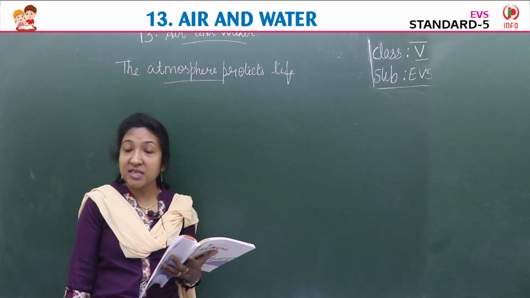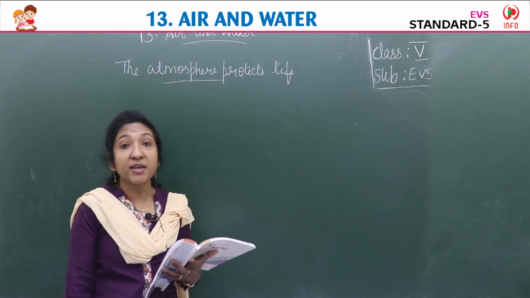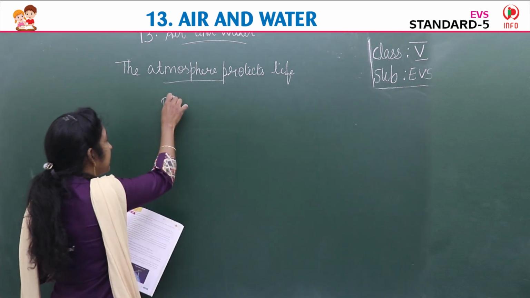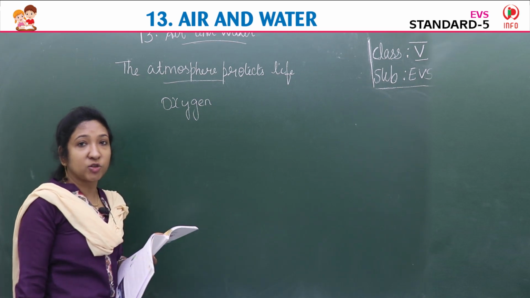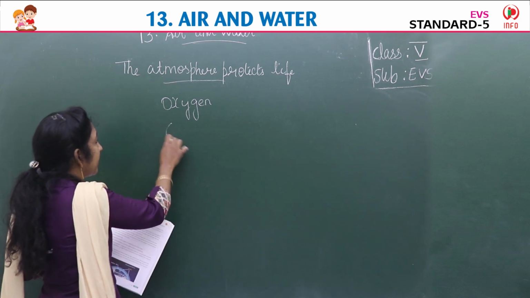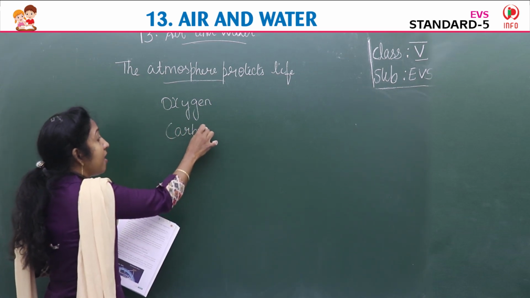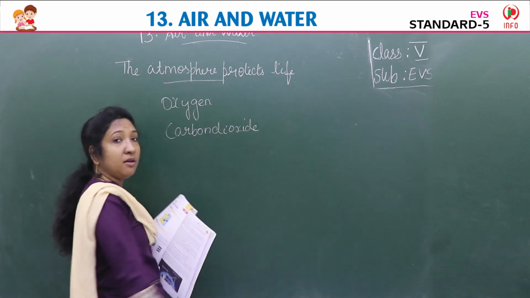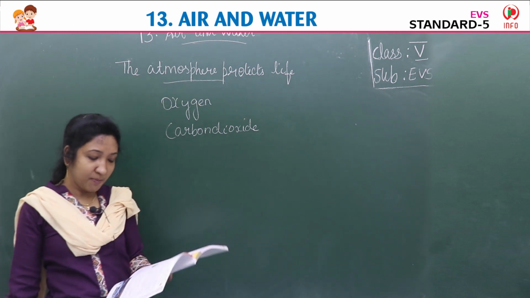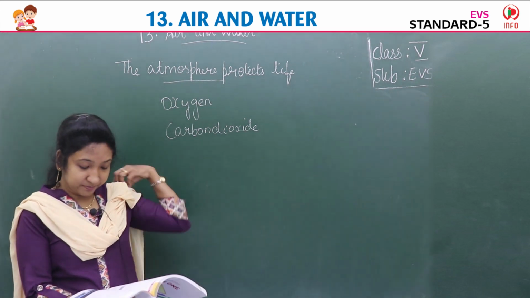So first it is giving oxygen to support our life. Next, it gives carbon dioxide for plants. Why? Then only they can make their food.